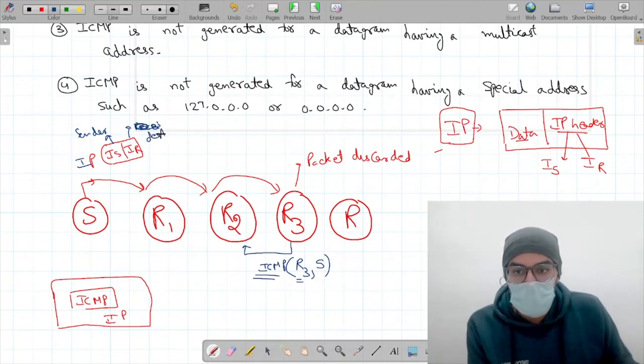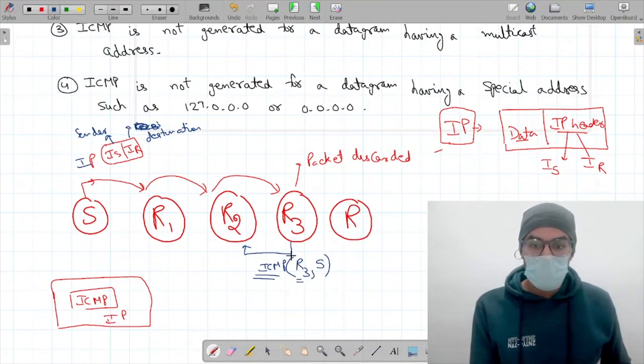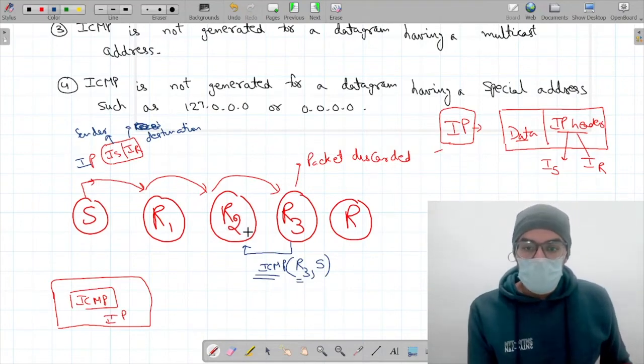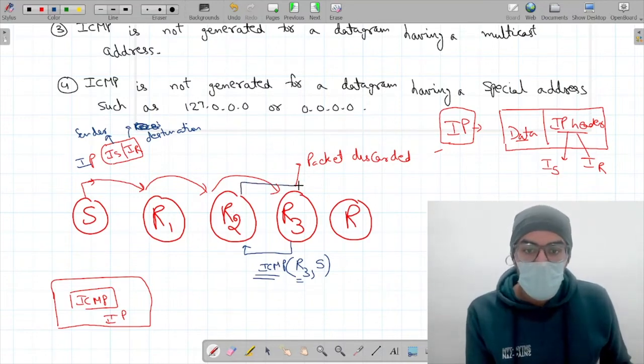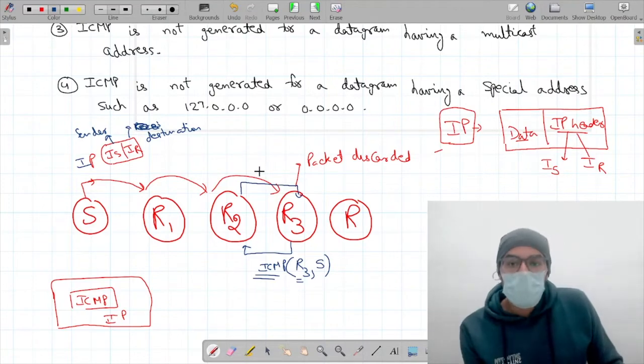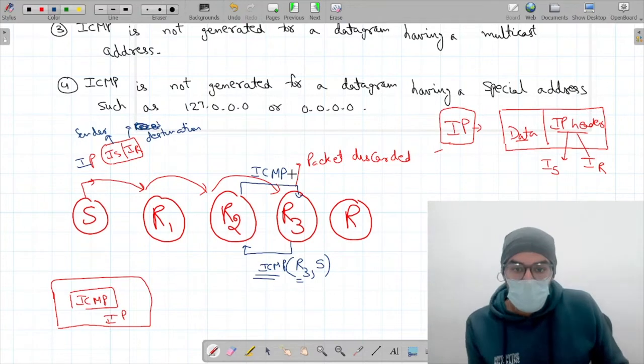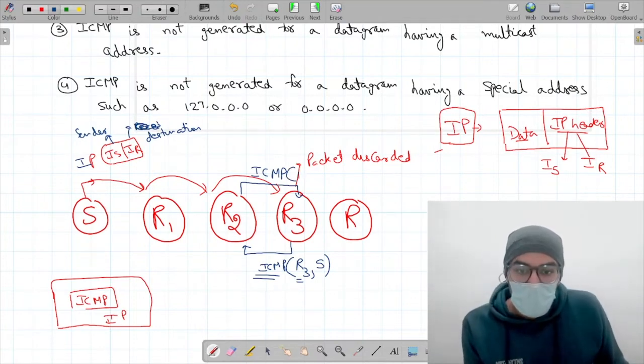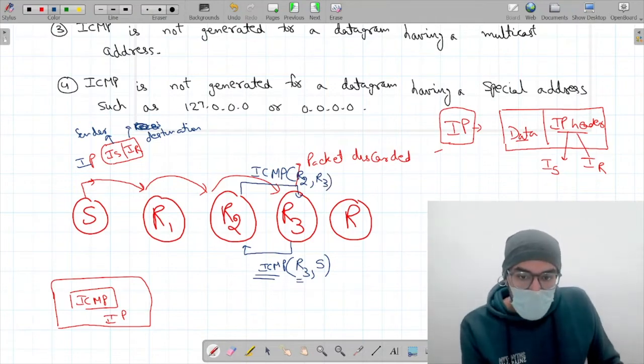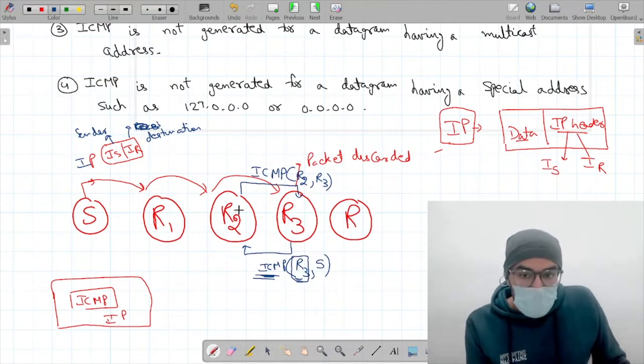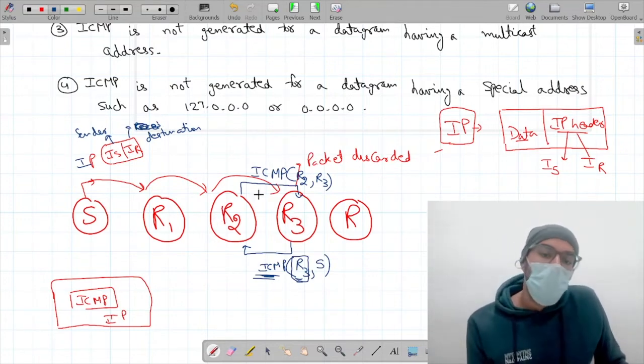So this is the sender, this is the destination, meant for the sender S. It is an IP packet, so it is discarded by R2. Now R2 sends an ICMP message to R3 that I have discarded your packet. So over here the sender is R2 and the receiver is R3, because this ICMP packet was sent by the router R3. So this router R2 is going to report to R3 only.